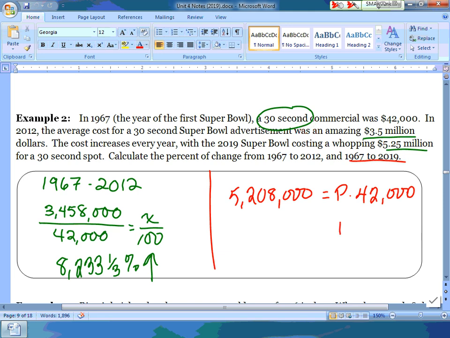All right, so if you solve this equation, you're going to get a value for P that's equivalent to 124. And that does not, of course, mean that it's a 124% increase. This is the decimal version of the percent. We have to convert this into the percent form, by adding 2 zeros, which means this was a 12,400% increase in cost for the Super Bowl.